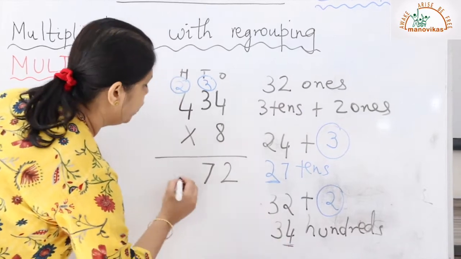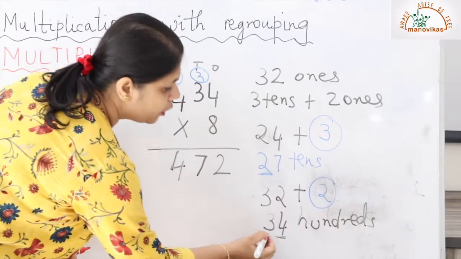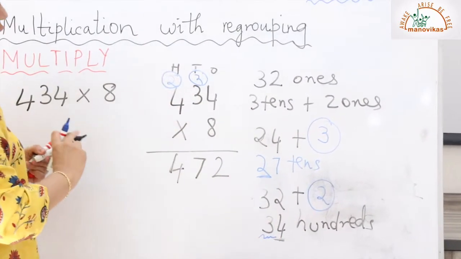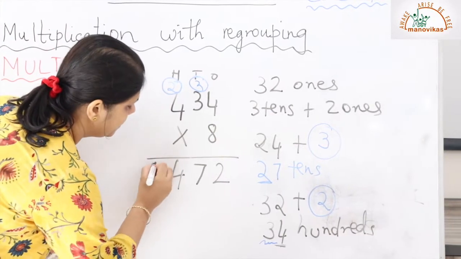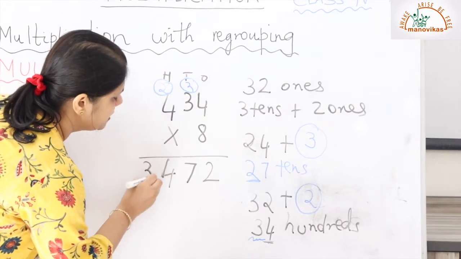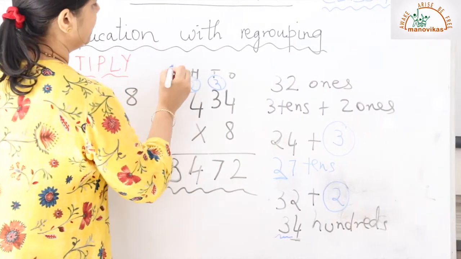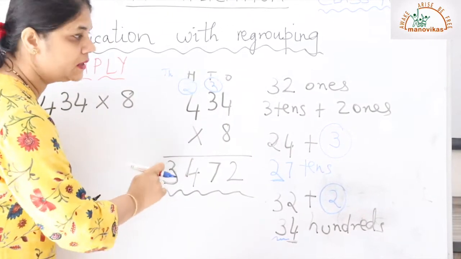You are going to write 4 here in the hundreds place. Yes. And which number are you going to carry in the thousands place, children? You are going to carry over 3 in the thousands place. So this is 3 here. So this is your thousands place, right? So I have carried over 3 in the thousands place.